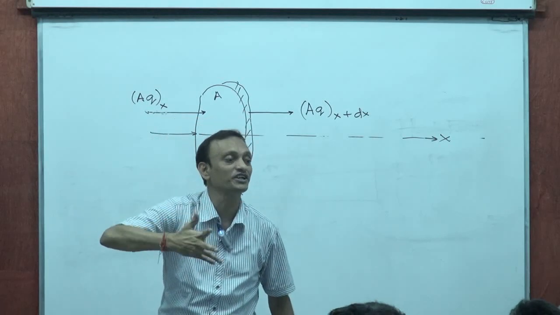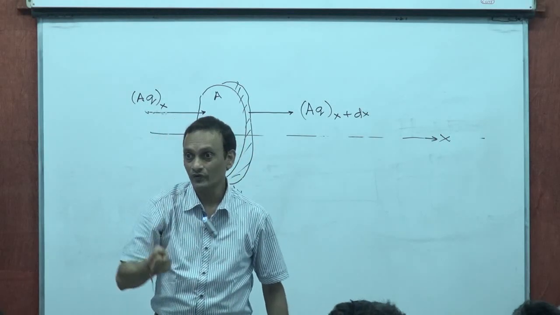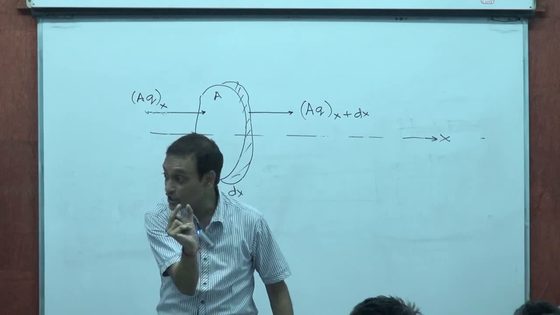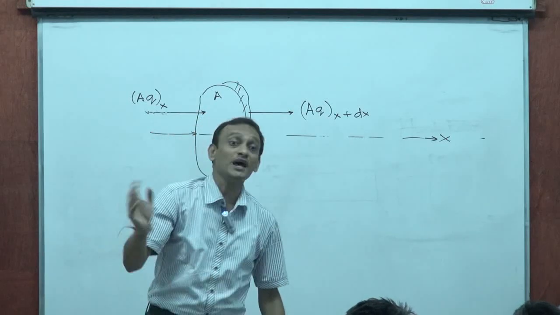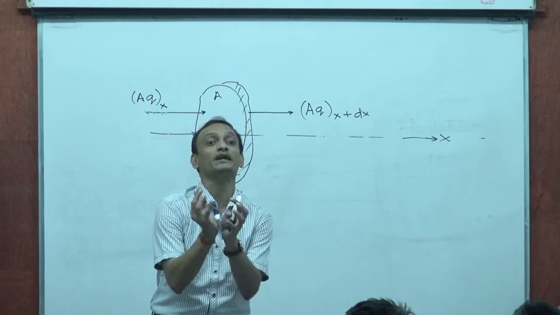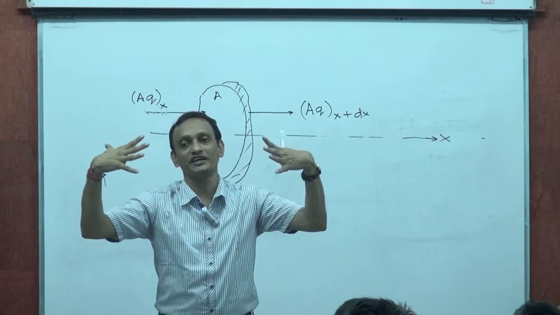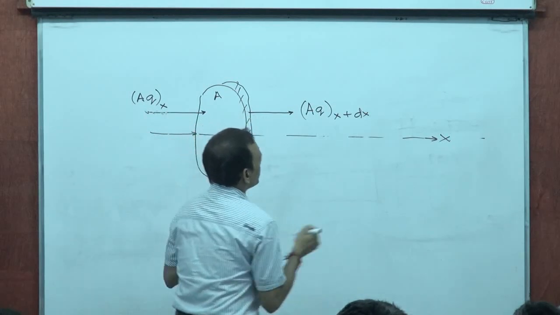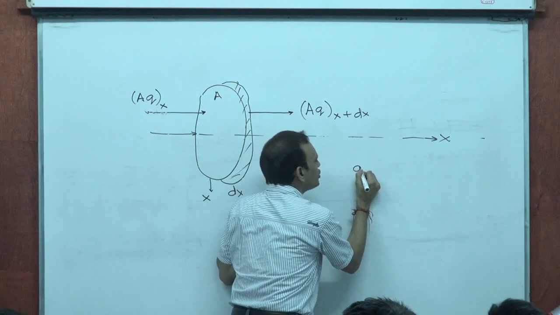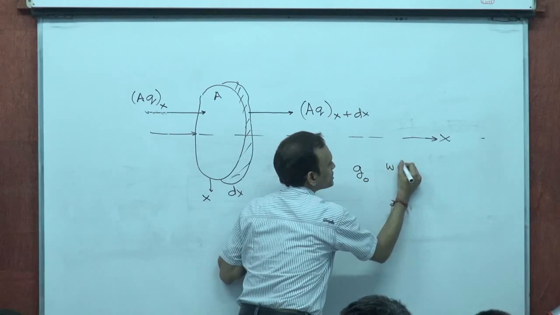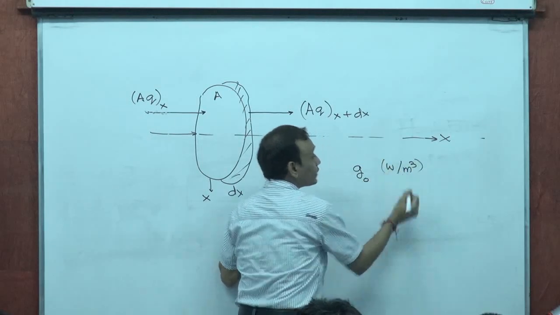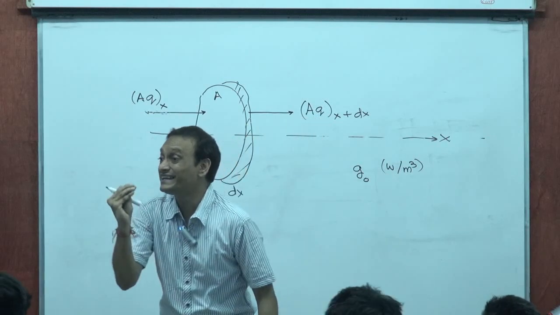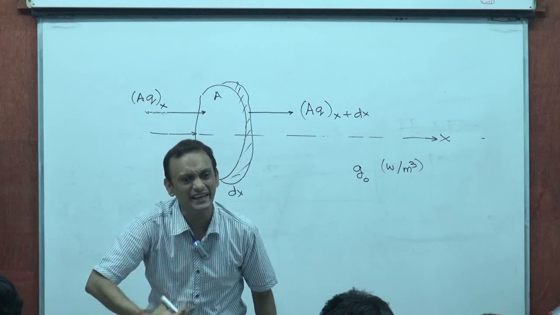First, there could be some chemical reaction going on inside this cross section of thickness dx, or some mechanism that could be internally generating heat, right? And let's say there is G0 watts per cubic meter per unit volume. These many watts per unit volume is the heat internally generated at any given cross section.